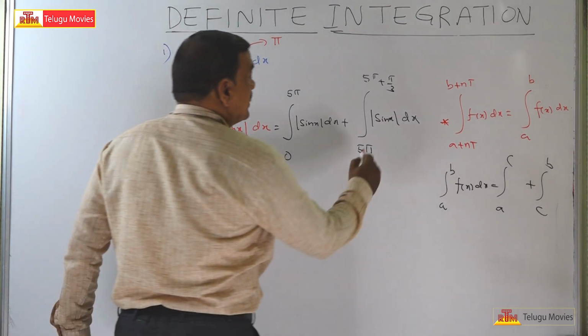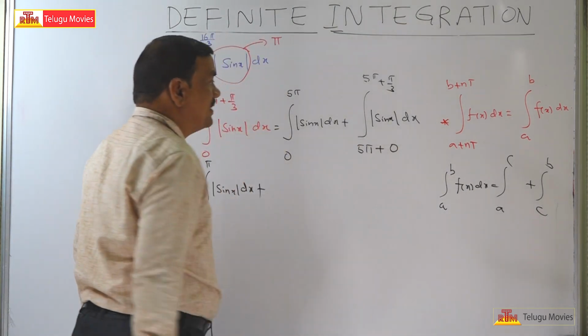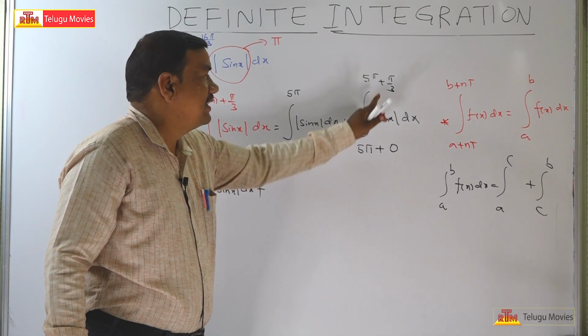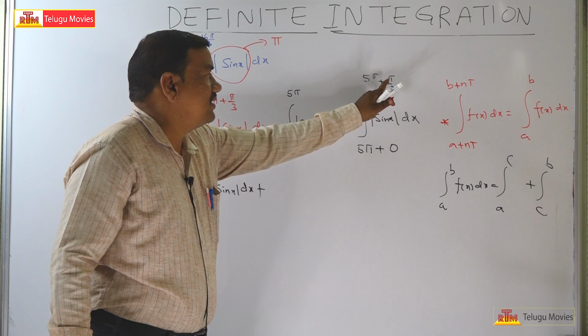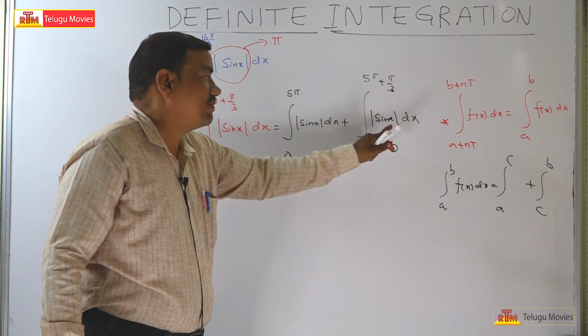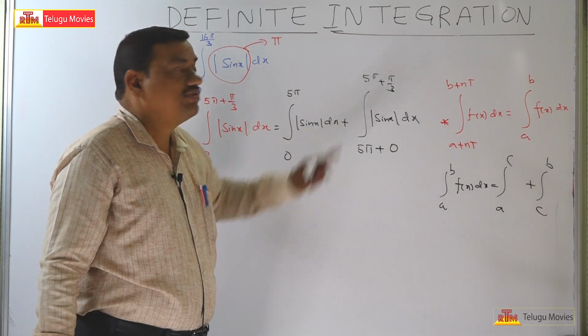Here also I can write it as 5 pi plus 0. See here, a plus nT, and the upper limit b plus nT. T is the period of this function; the modulus of sin x function has period pi.